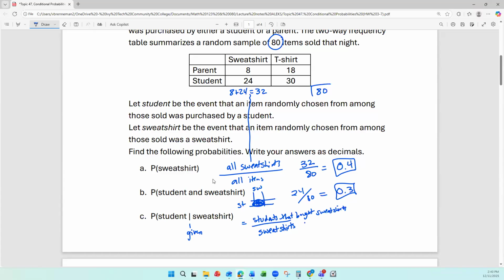There were 32 total sweatshirts and 24 were bought by students. So this probability is 24 out of 32, which is 0.75.